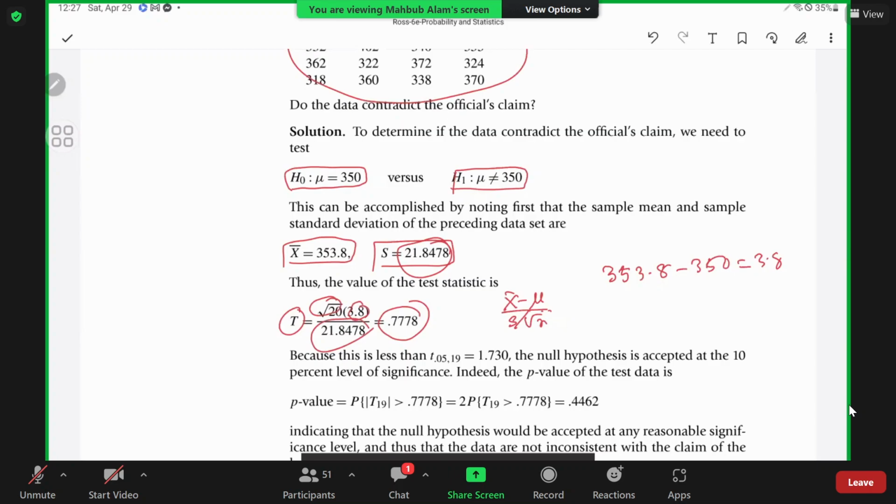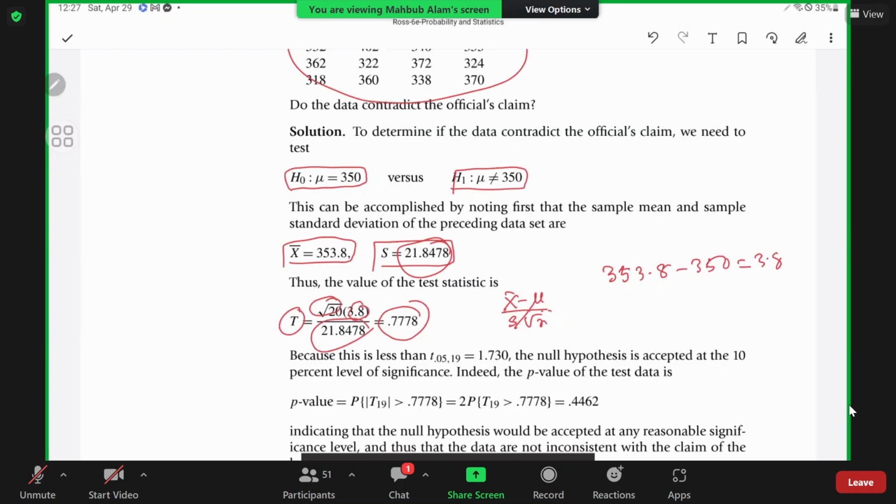And you know, we already know that n minus 1 into s square divided by sigma square has the chi-square distribution with n minus 1 degrees of freedom. We used this in estimating the interval for the variance in the last chapter. So this quantity has the chi-square distribution.